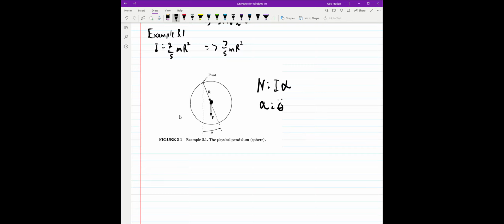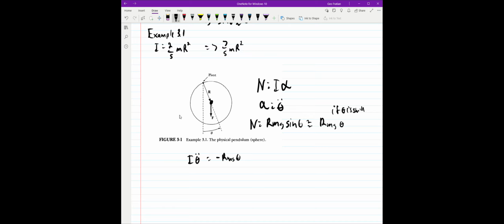So for small oscillations, we have the torque N is equal to R mg sine theta, which is approximately R mg theta if theta is small. Small oscillations, right? That's kind of what we're just talking about. So then that immediately tells us that I theta double dot, so I alpha, is equal to negative R mg theta, right? Torque is equal to I alpha. And the reason why it's negative is because as theta increases, theta double dot is negative. So as this gets bigger, the torque wants to basically bring it back.